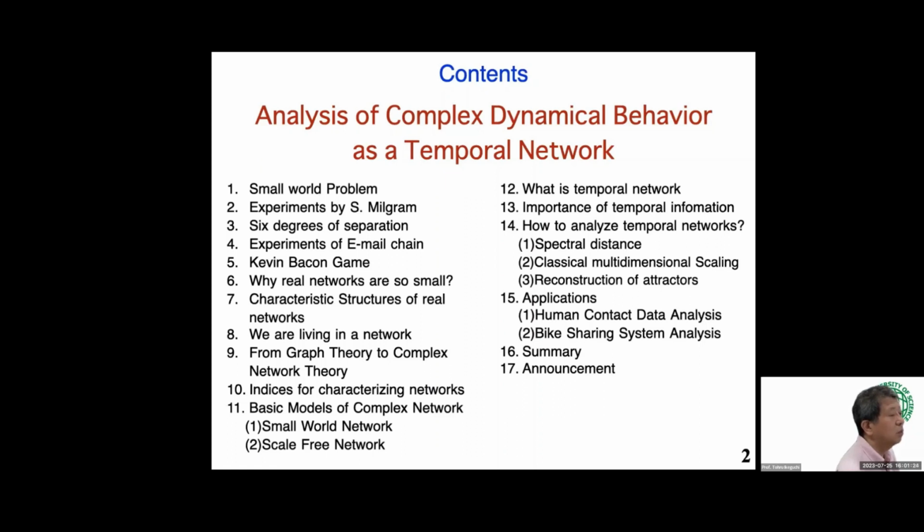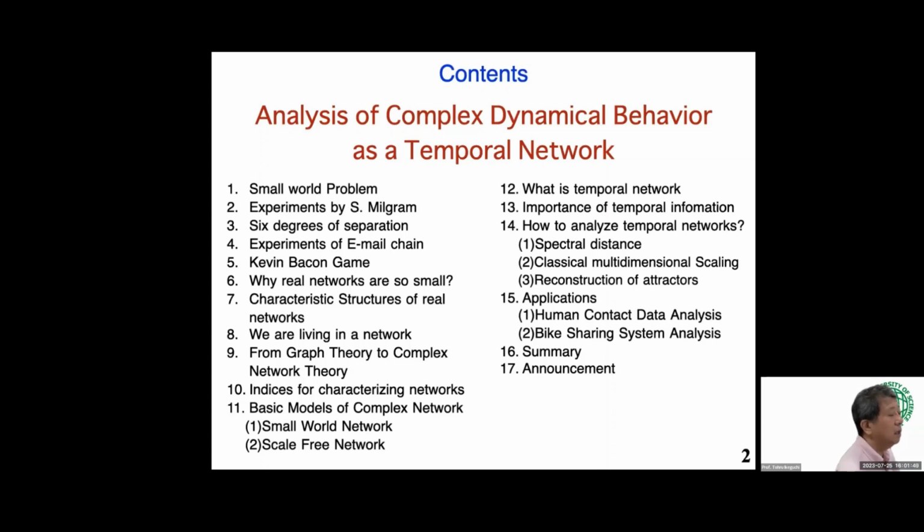After that, we will move on to how to analyze temporal networks. We will start with what temporal networks are and why we analyze complex phenomena as a temporal network, by discussing the importance of analyzing temporal information.